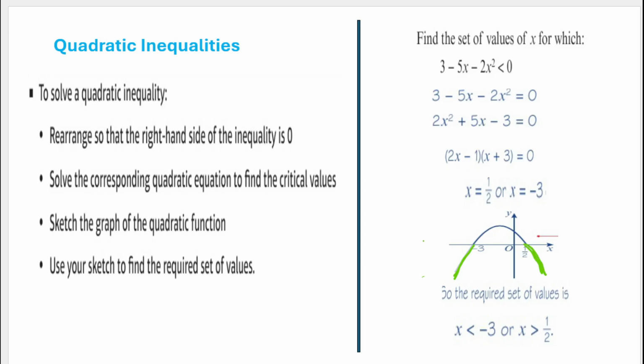The x values corresponding to this portion of the graph are this one and this one. The left side corresponds to the inequality x < -3 and the right side portion corresponds to the inequality x > 1/2. Hence the required set of values is x < -3 or x > 1/2.